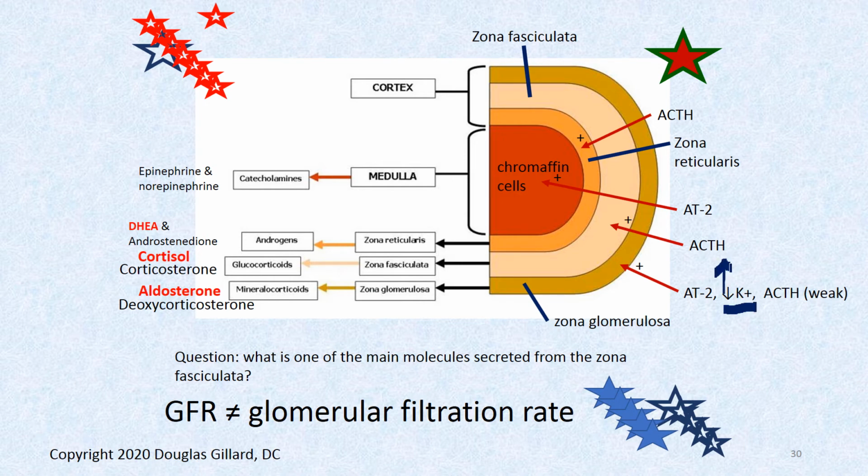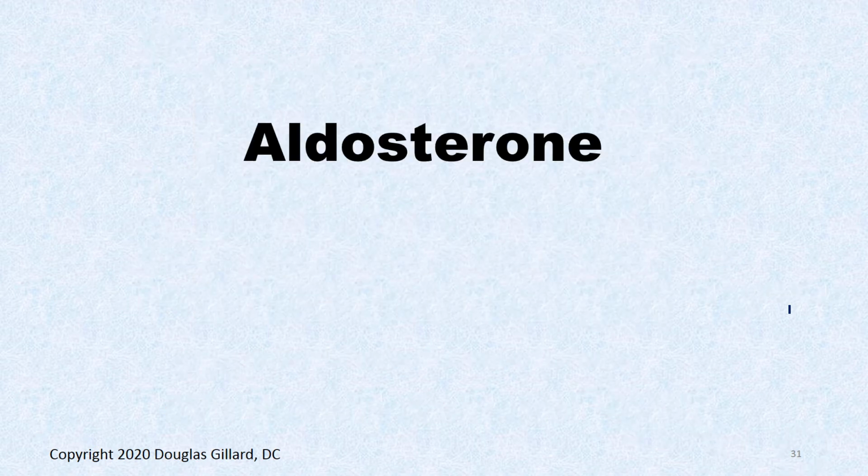But increased potassium can also stimulate that because we want potassium kicked out. So aldosterone kicks out potassium and hydrogen ion. Okay, and then ACTH can stimulate it a little bit as well.